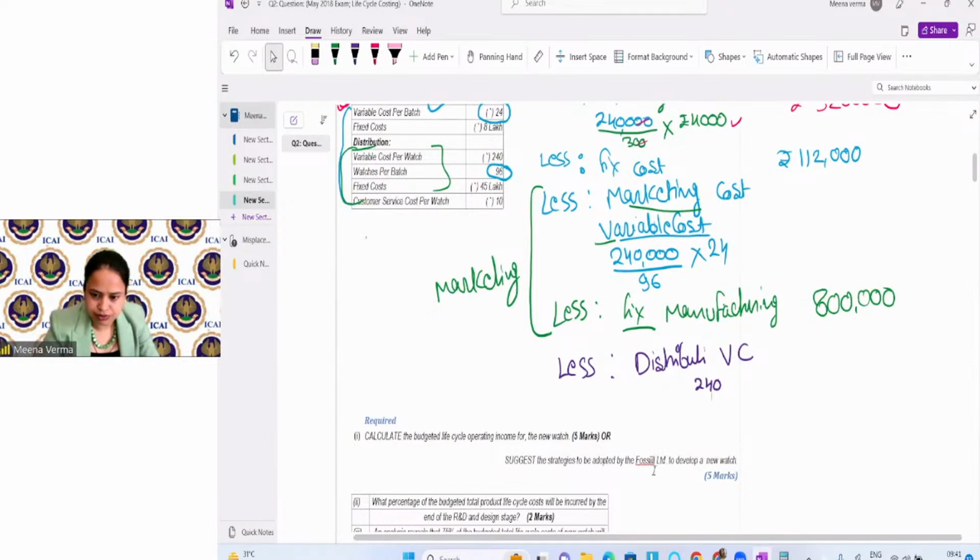I think there is some variable cost per watch. This is not a cost.